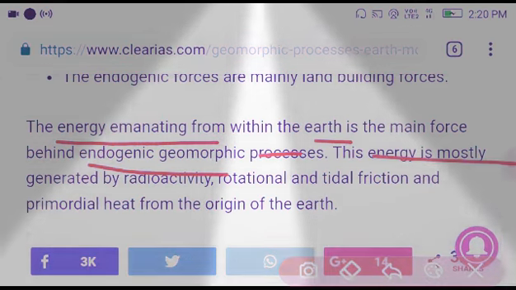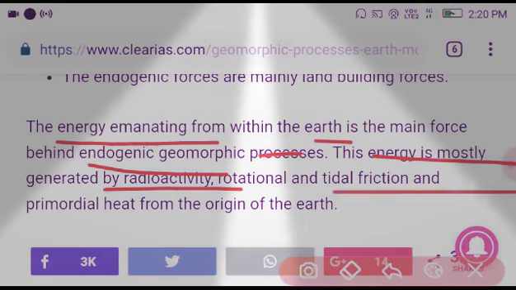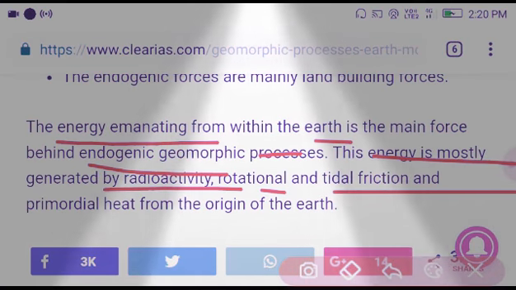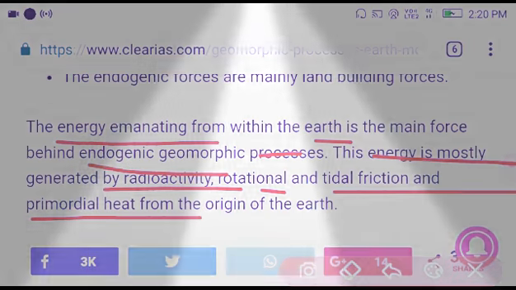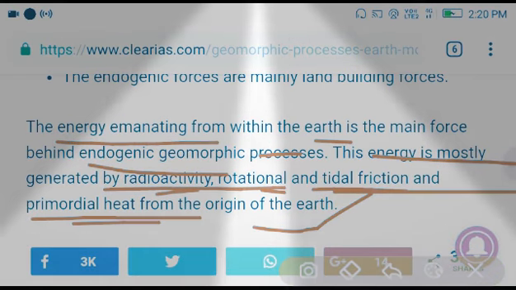The energy is mostly generated by radioactivity, rotational and tidal friction, and primordial heat from the origin of the earth. Okay, please remember.